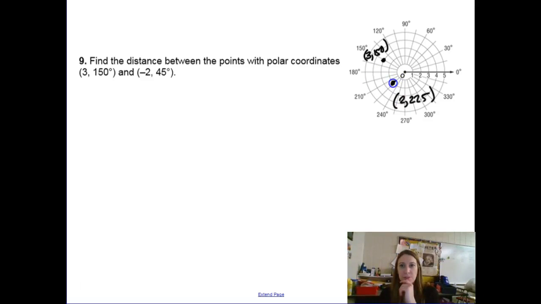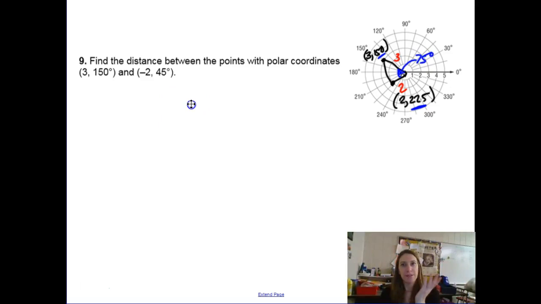And they want to know the distance between them. So basically we're doing one of these questions, which ends up being a law of cosines question. Clearly this is a 2, and this is a 3. And your job is to figure out the angle between these two. Well, that's pretty easy to do now that I have 150 and 225. I'm just going to subtract those. Was that 75? Yeah, 75 degrees. It's right there.